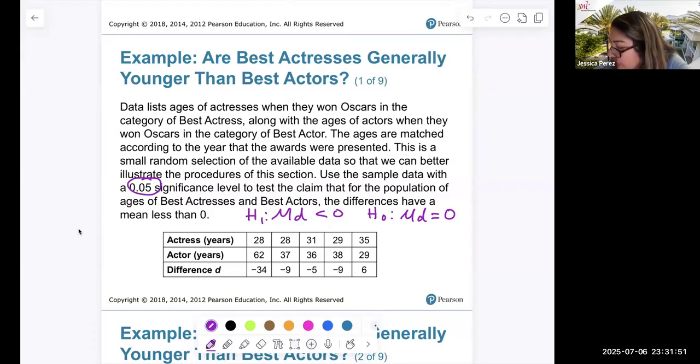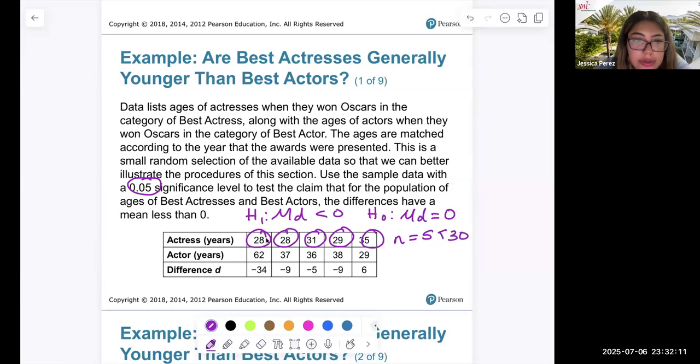Now we have to check how many we have. What's n? n is equal to 1, 2, 3, 4, 5. n is 5, which is less than 30. If we look at our data, can we say that this is approximately normal?